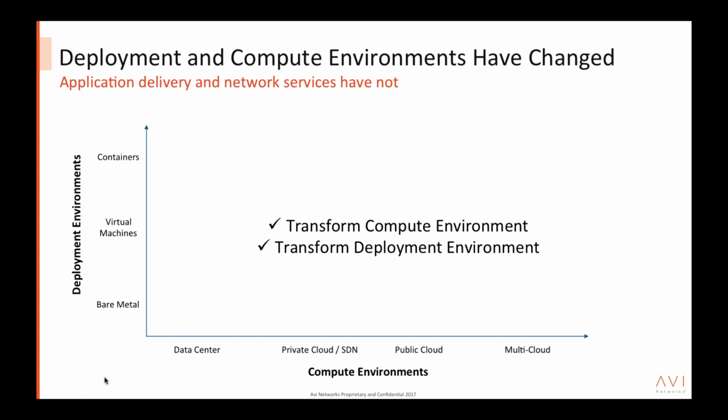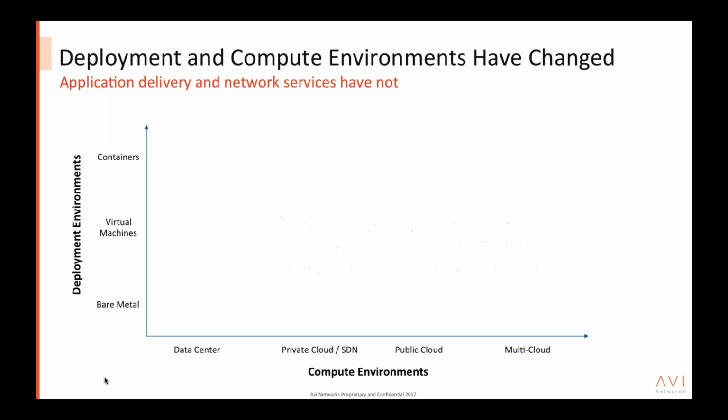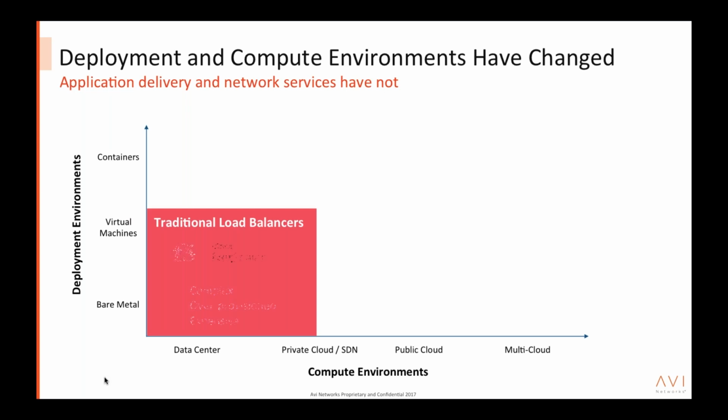While the compute environment, the infrastructure environment, and the deployment environments are changing, the application network services have not kept up. Here is why I made the claim. If you look at your traditional load balancing or ADC solutions, such as the F5s and the Citrix NetScalers of the world, they're appliances. Hardware appliances, more recently, software appliances.